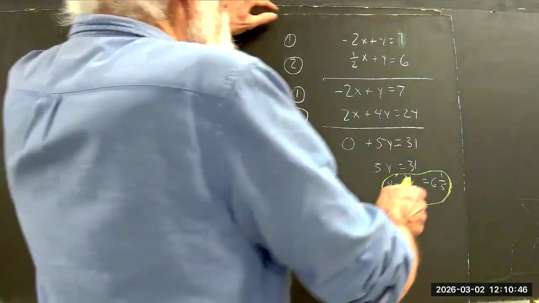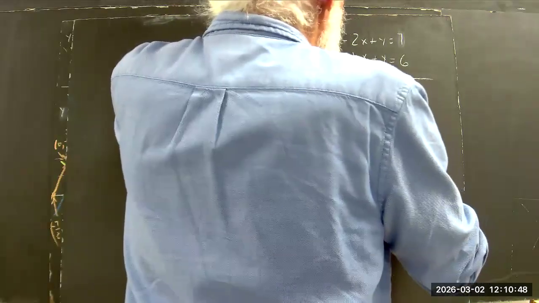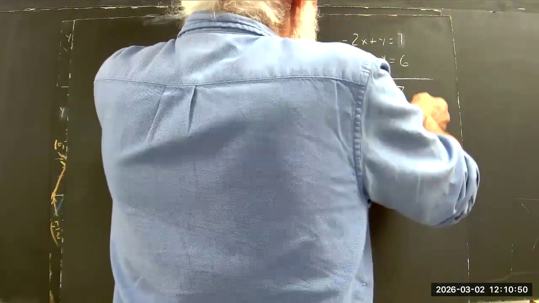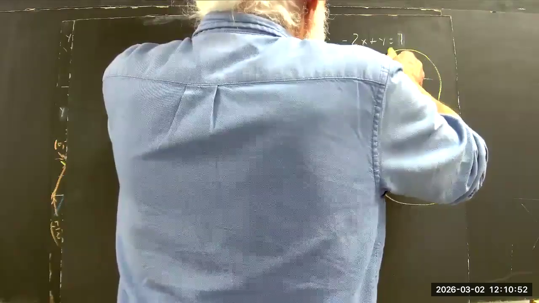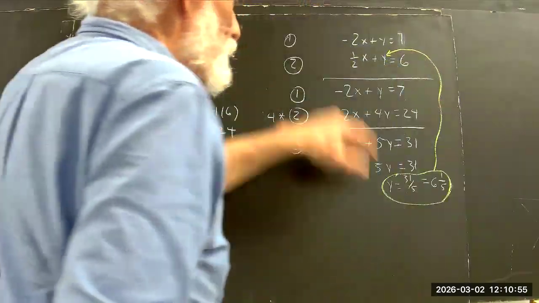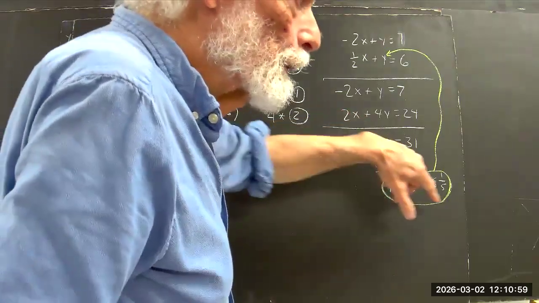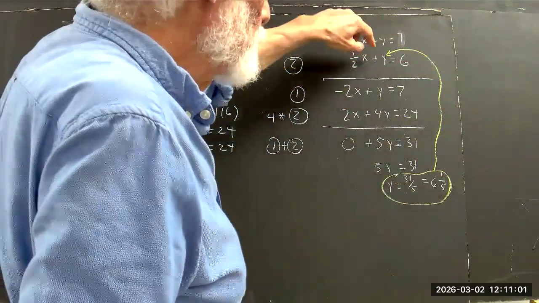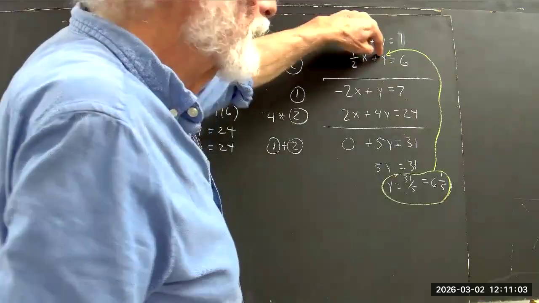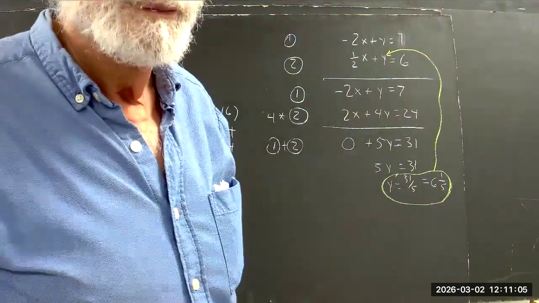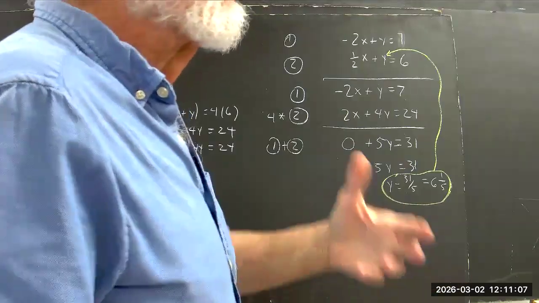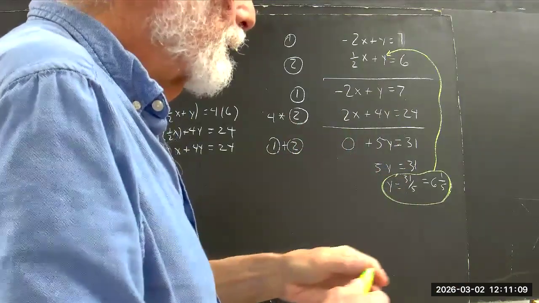So I'm just going to use arrows to show what we're doing. This is y equals 31/5. I'm going to draw an arrow from that solution up to the y in the second equation. Now you don't have to do that if you're visually impaired.